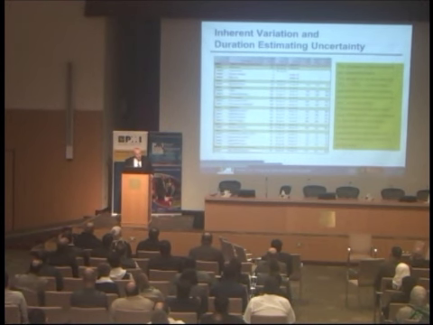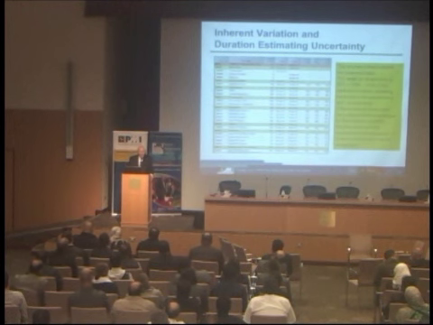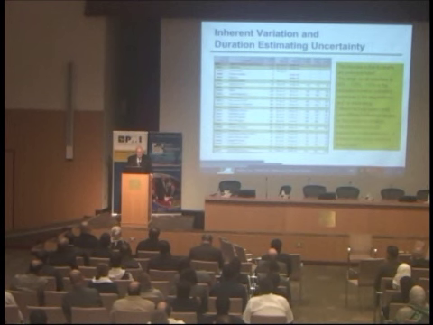Could happen that you're early, but more likely that you'll be late. Durations, it's a lot easier for things to take longer and not so easy for things to be shorter, particularly if the durations have been estimated optimistically. So altogether, they're skewed to the right. That is, more likely to overrun than underrun.